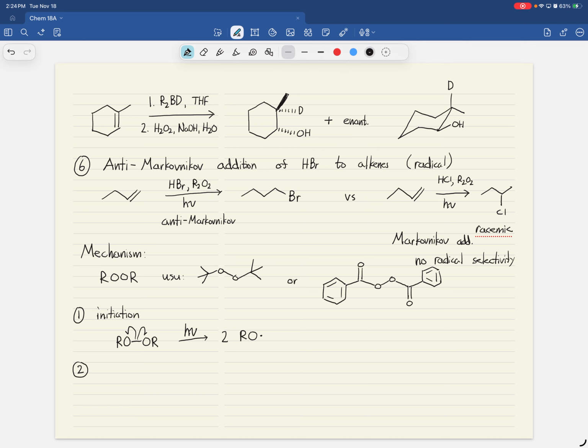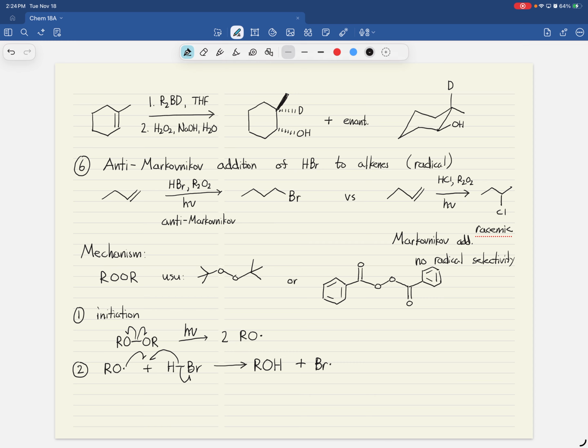Then step 2, you're going to use that radical, and it's going to react immediately with HBr. HBr is also a pretty long bond, so not very strong, so it can get cleaved as well. What would the product of this step be? RO-H, so you form some alcohol. And what radical do you form? Bromine.